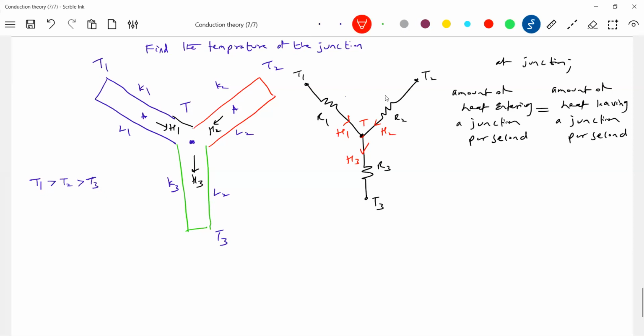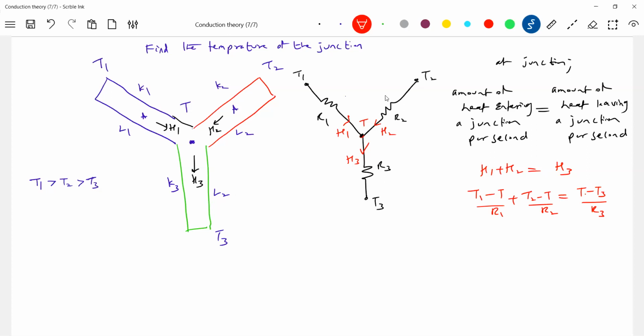So what are the thermal powers that are entering? H1 plus H2, and the one which is leaving, H3. What is H1? We'll write it because it will flow from high to low temperature. So therefore (T1 minus T) by R1, then (T2 minus T) by R2, then (T minus T3) by R3. Solving for T, we will get the required answer.